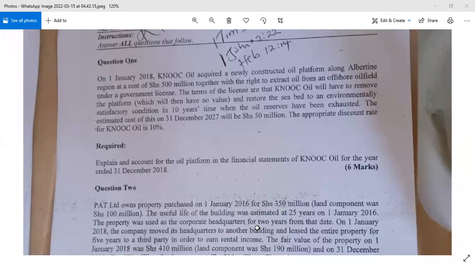Of course the asset is the entire figure, the initial cost. The cash paid was only 500 and the provision is the 19. So these are the entries that you're doing.